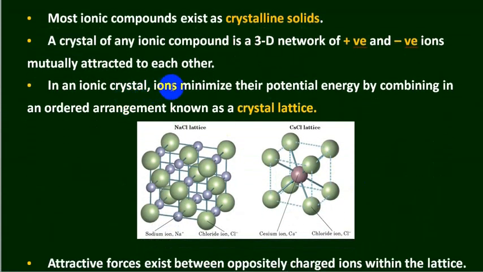In ionic crystals, ions minimize their potential energy because they come closer to each other by combining in an ordered arrangement known as crystal lattice.